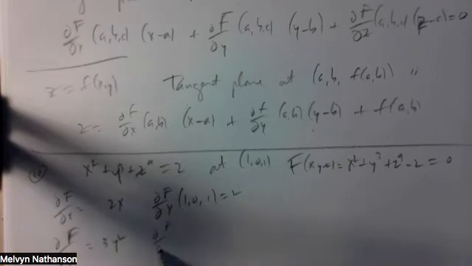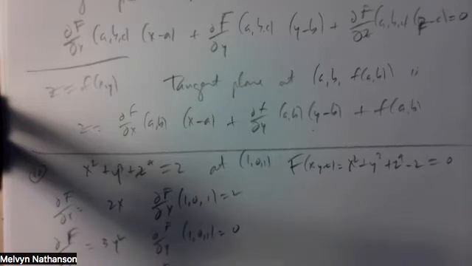So the partial of f with respect to y at 1, 0, 1 is 0. When y is 0, this is 0. The partial of f with respect to z is 4z cubed. So the partial of f with respect to z at 1, 0, 1 is 4.